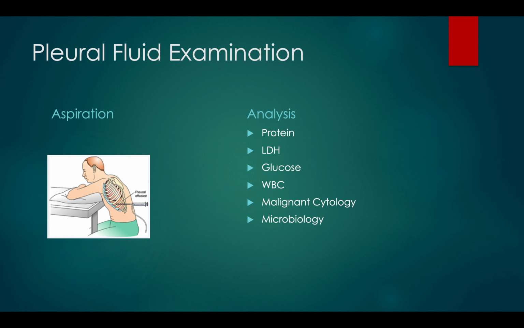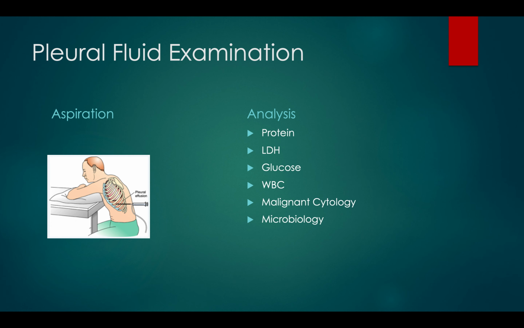Pleural fluid aspiration is done for examination of the pleural fluid. These days, this is usually done under ultrasound guidance, as this is much safer compared to a blind procedure. The fluid should be inspected with naked eyes. Most of the times, it is straw colored in appearance and a clear fluid.